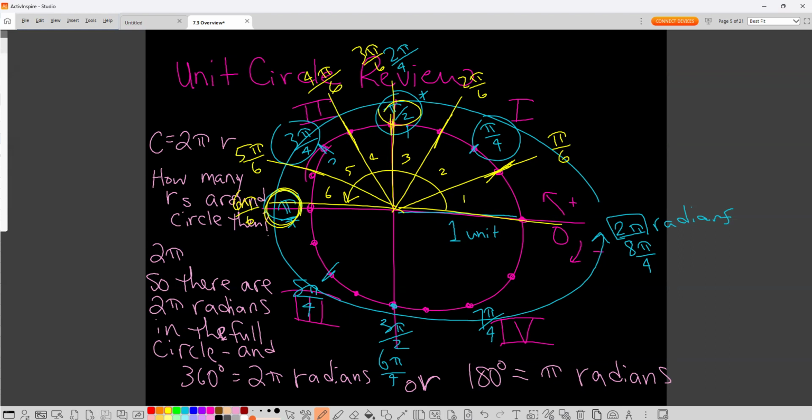So if we keep going here, we're going to have 7 pi over 6, 8 pi over 6, 9 pi over 6, sorry, I skipped one. 9 pi over 6 is right down here, which simplifies to my 3 pi over 2. 10 pi over 6, 11 pi over 6, and 12 pi over 6 all the way around to here, which again reduces to my 2 pi.